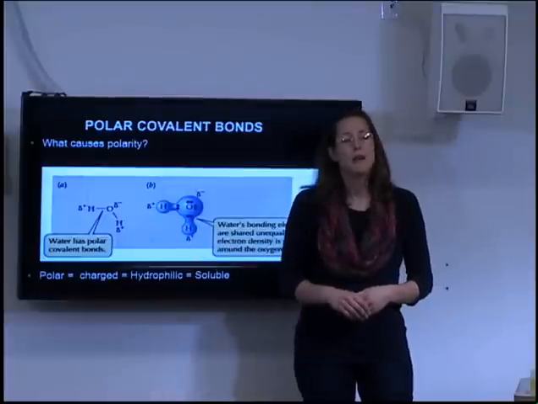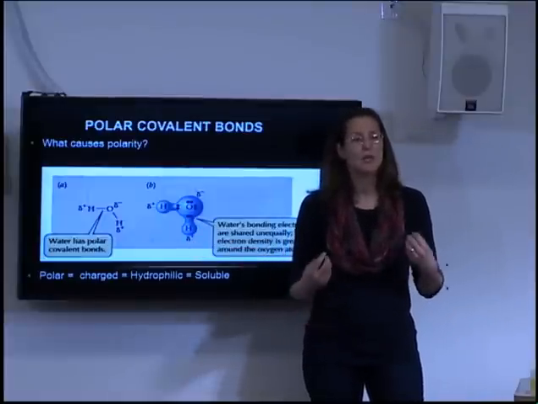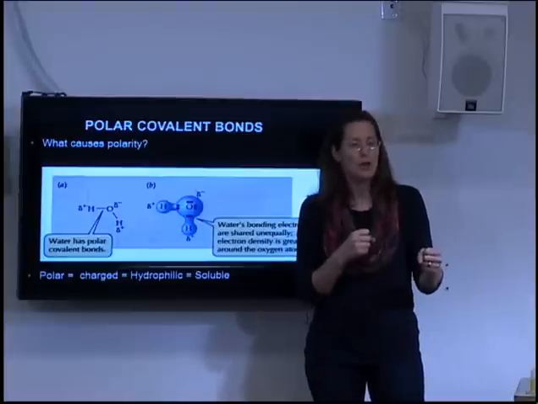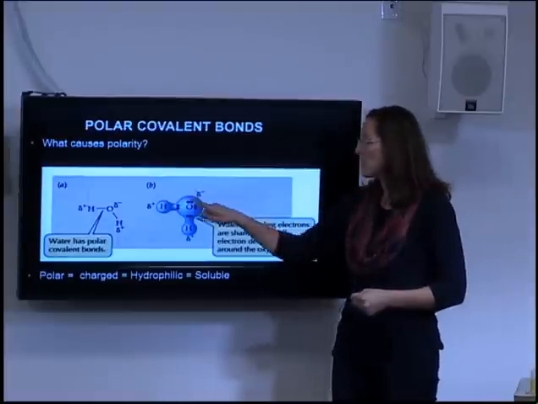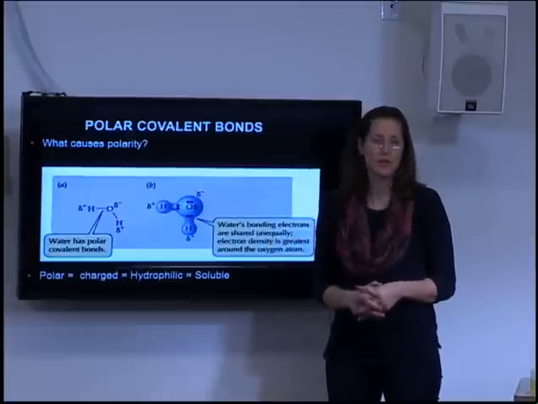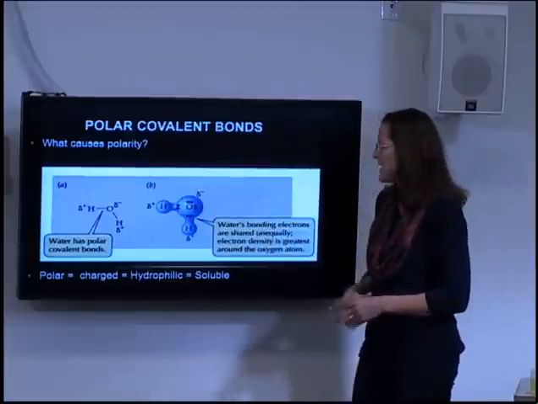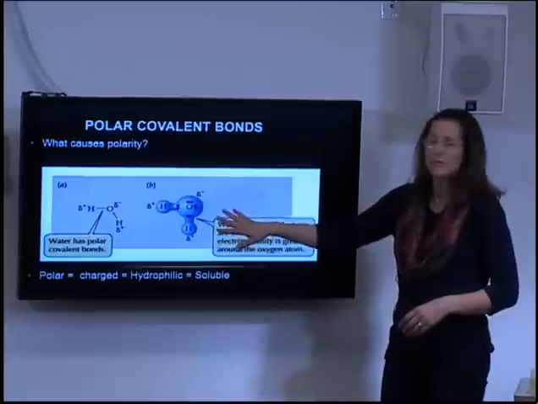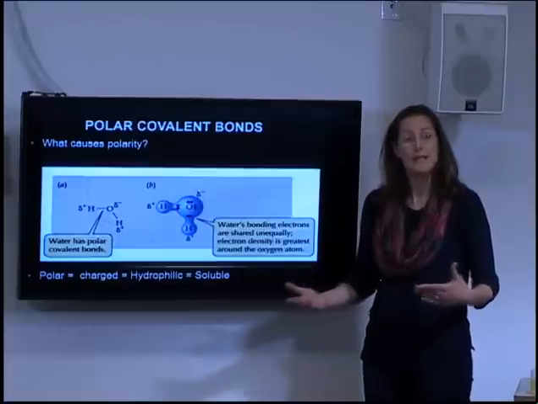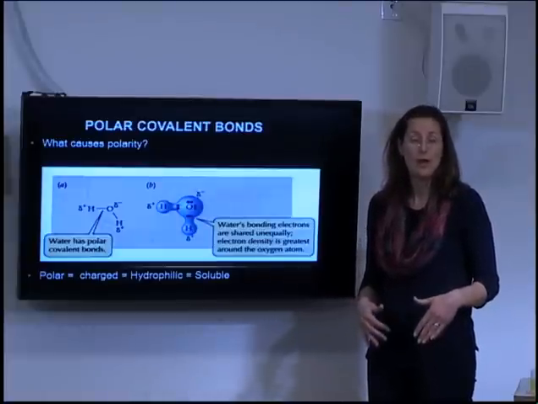You can think of oxygen and nitrogen as being greedy elements. They are greedy for electrons because of that strong proton difference. And so they hoard electrons. Electrons are negative, so they take on a partial negative charge. All right. So what this does is it makes water polar. And other molecules that have O to H or N to H on them are going to be polar as well.